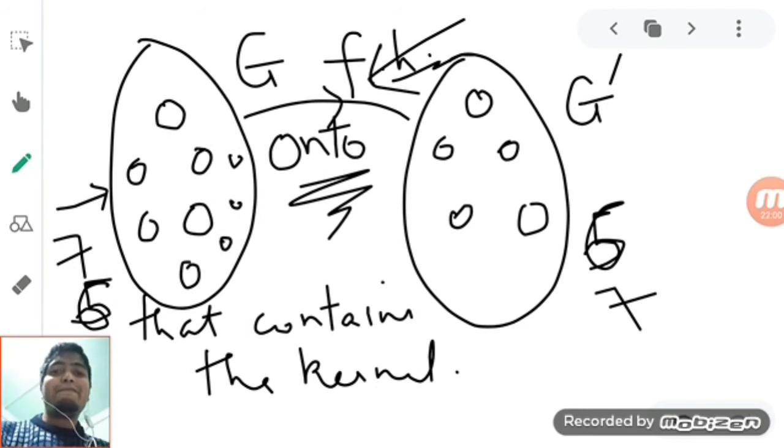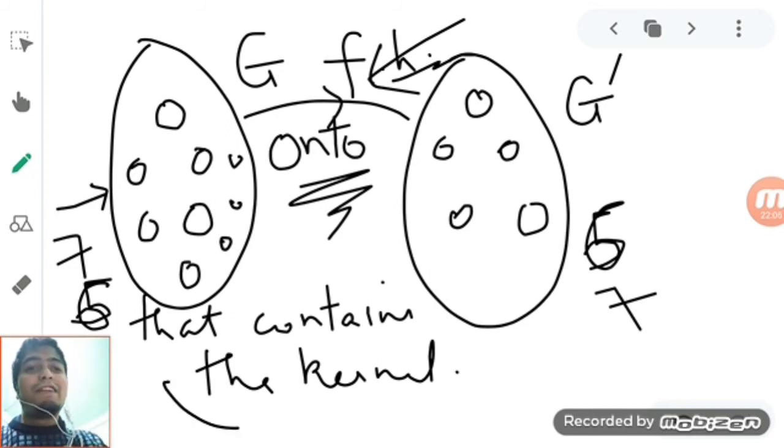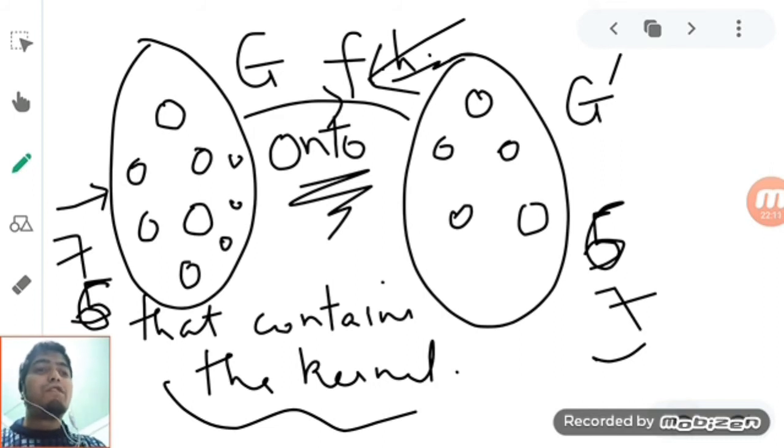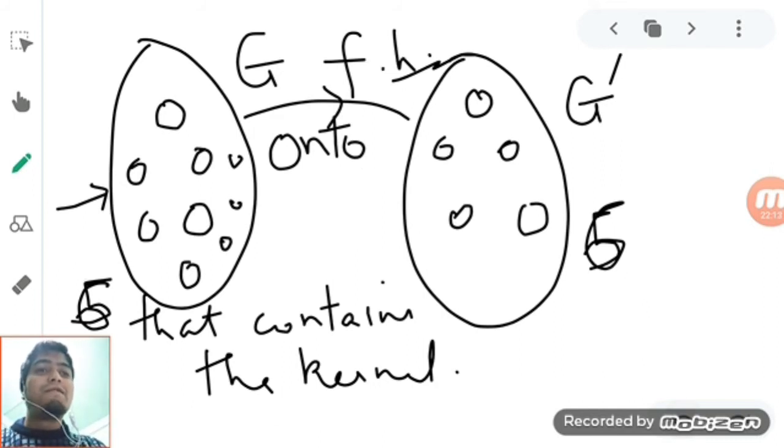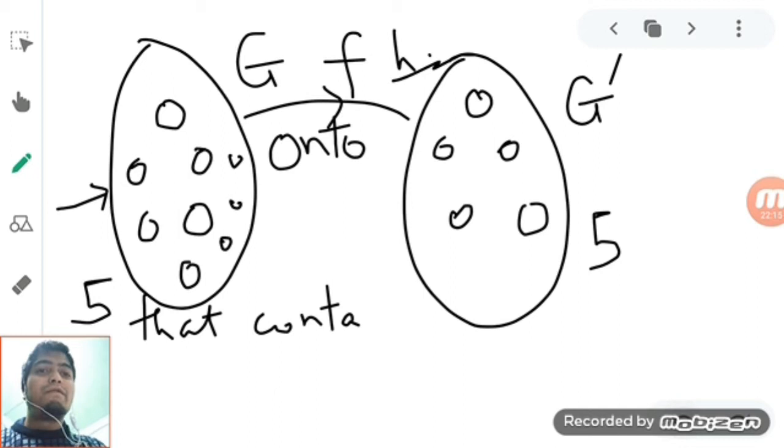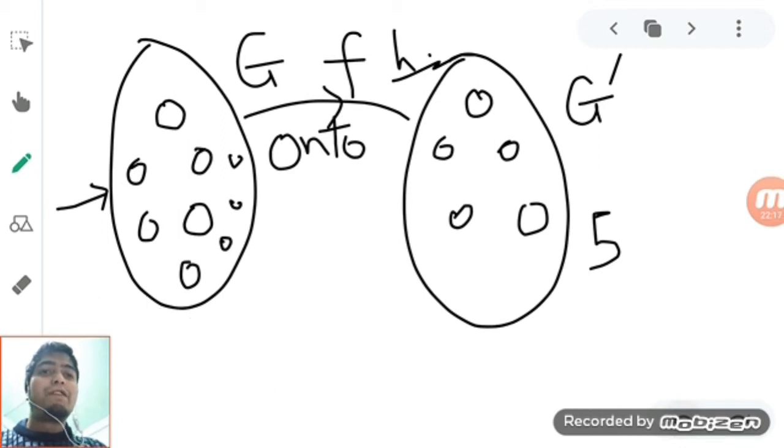So what does it mean? If we have an equal number of subgroups of G that contain the kernel and subgroups of G dash, we can define a 1-1 onto function.